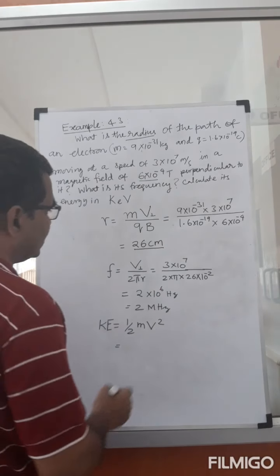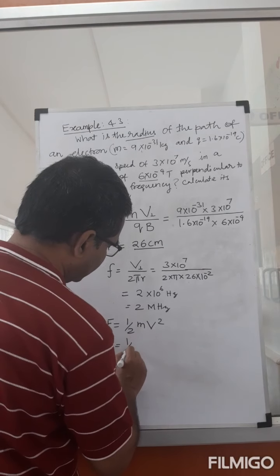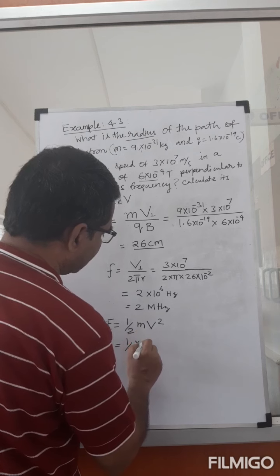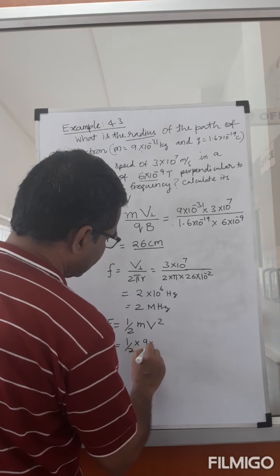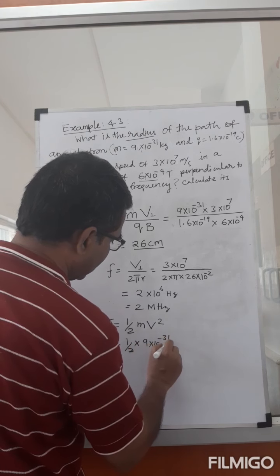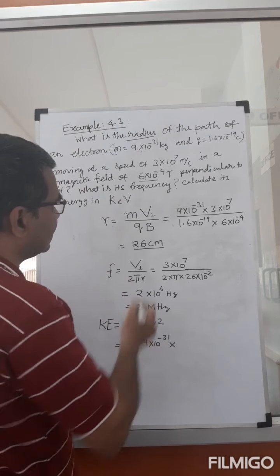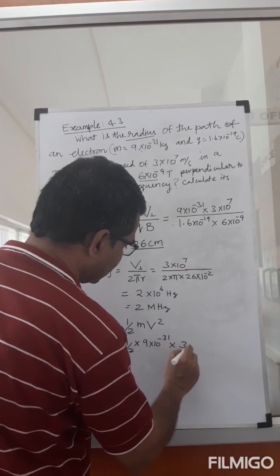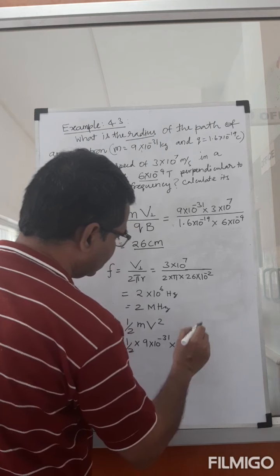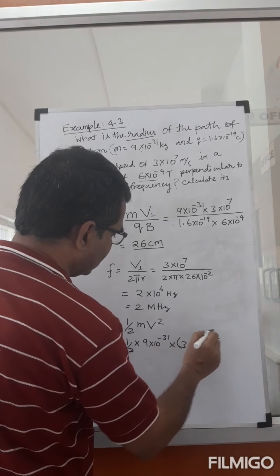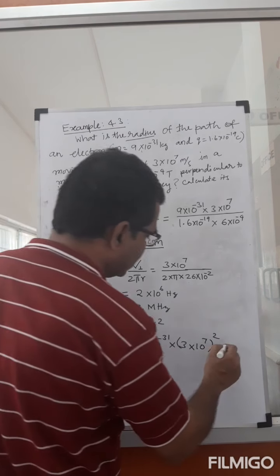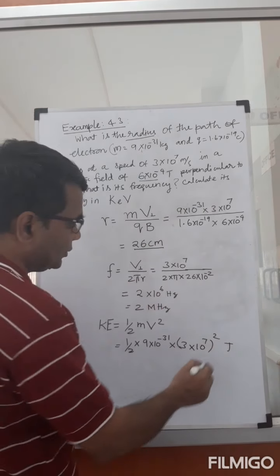So half m v squared will be half into m, it's 9 into 10 to the power minus 31, multiplied by v, which is 3 into 10 to the power 7, the whole squared. So this will give you energy in joules.